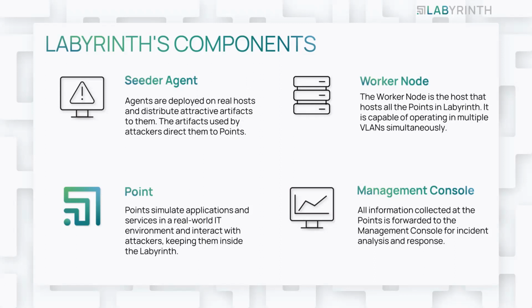That is the machine that runs all of them and can serve many segments of the network, many VLANs. And all the information that comes from all decoys across all VLANs is sent to the management console, where you can use it for incident analysis and response.